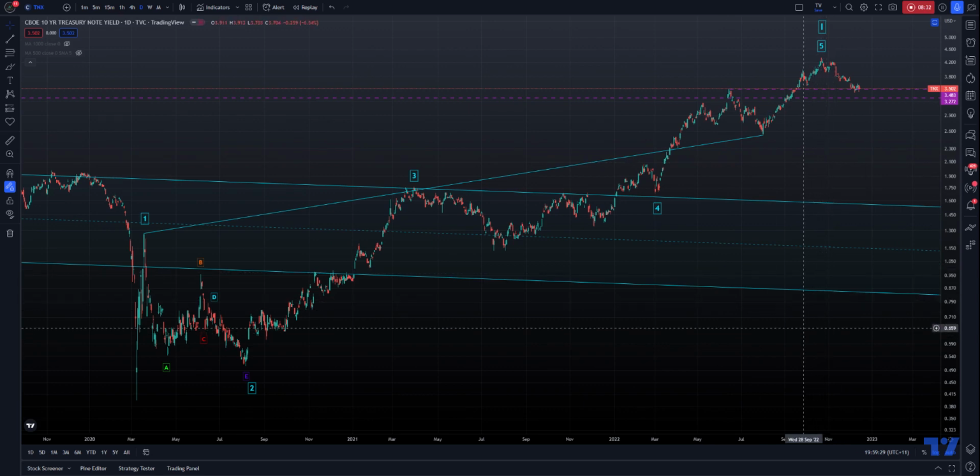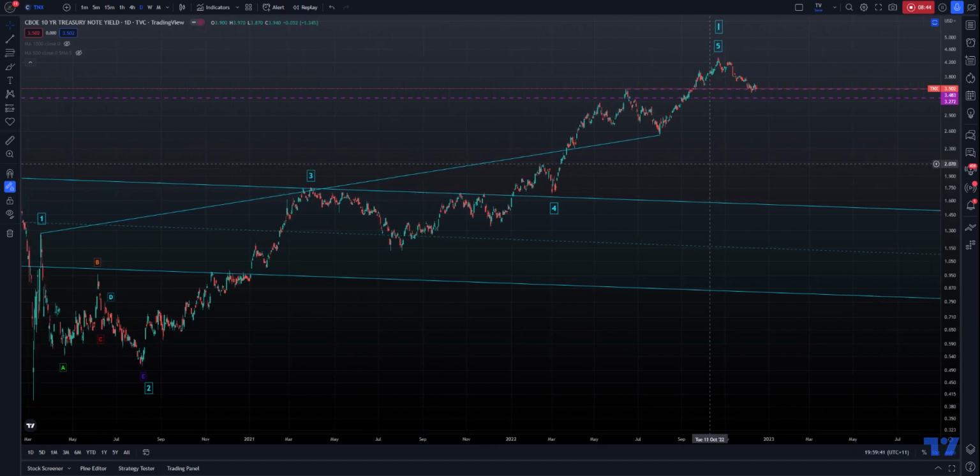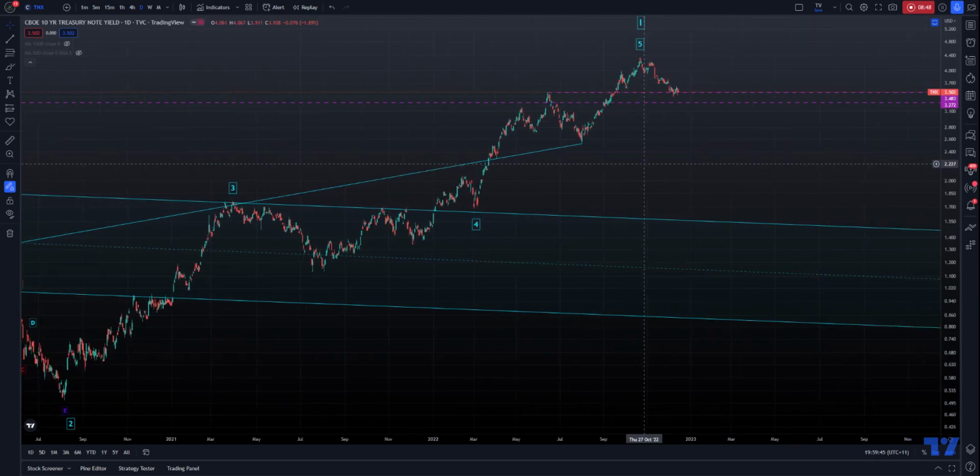And then we will see a pullback that will most likely come back down to this channel, and maybe it will become like resistance becoming support. So will that mean that we'll get a decent pullback here? It could very well mean that.